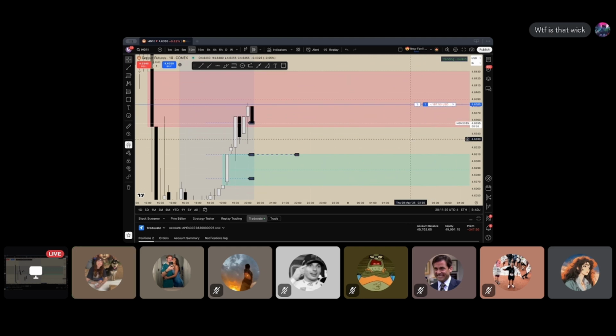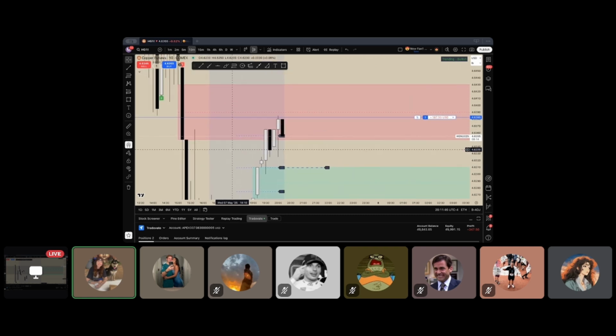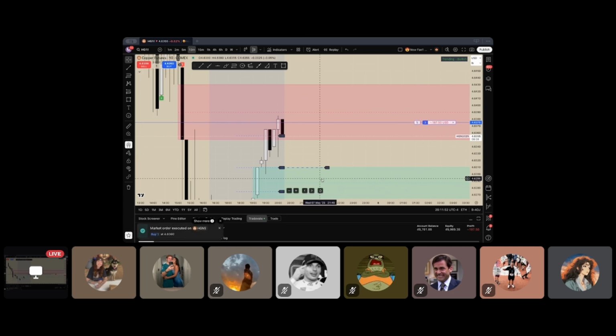Holy shit. 2 cents. And we're down $212. My god. This could be another example as to why you don't really want to go long in a big bearish fair value gap. That happens.